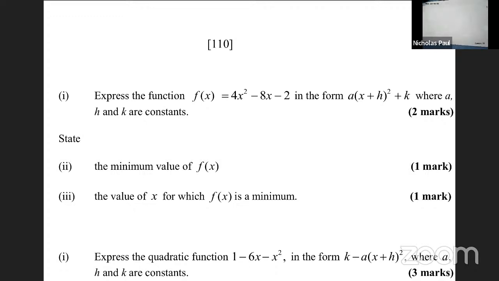Minus one squared, right? Positive one. But they want the x value.